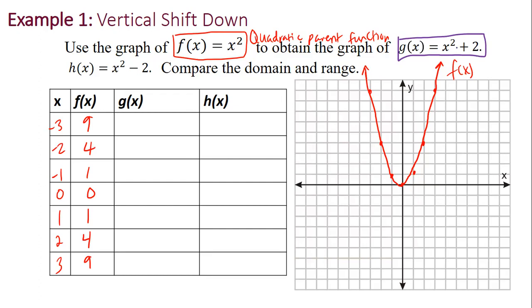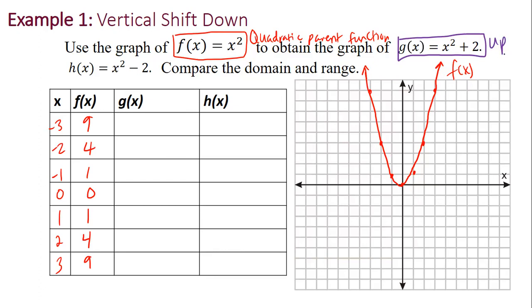So if I'm adding to the whole function, what does that mean it's doing? It's going up. It's x squared plus 2. So that means that I'm going to have to shift this whole thing up. So I'm making a new function and it's going to be shifted up.